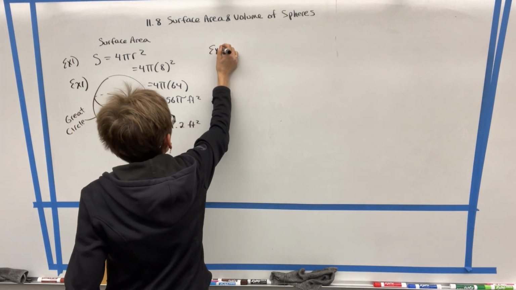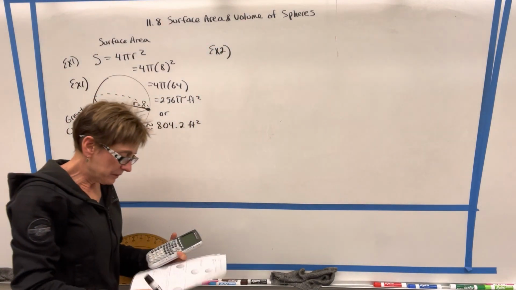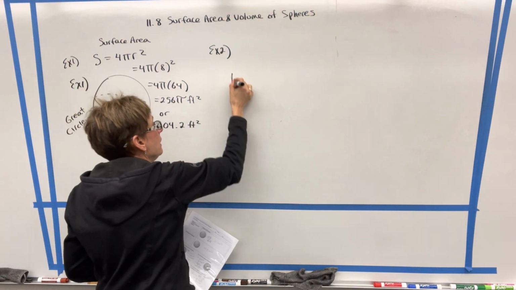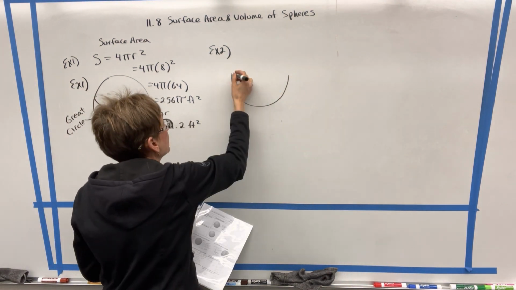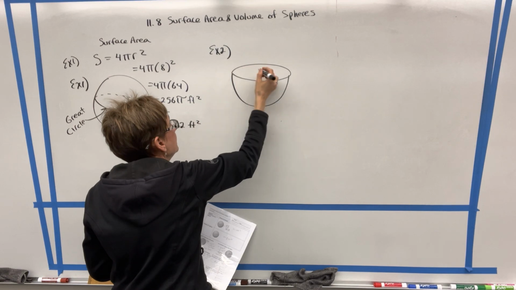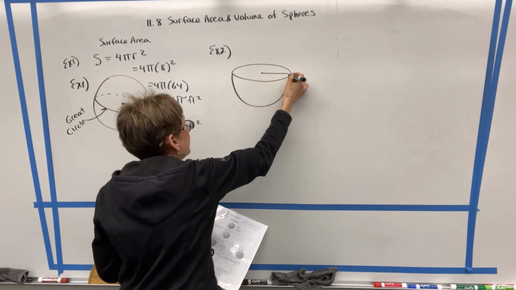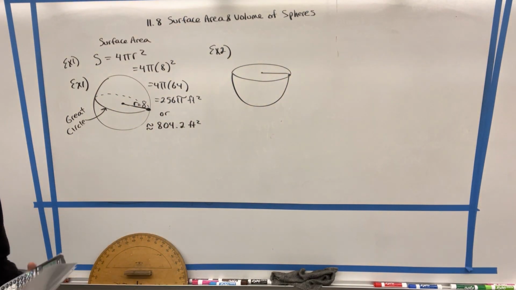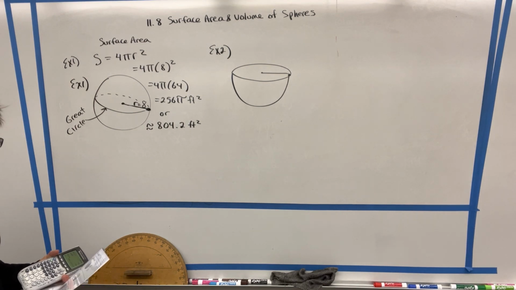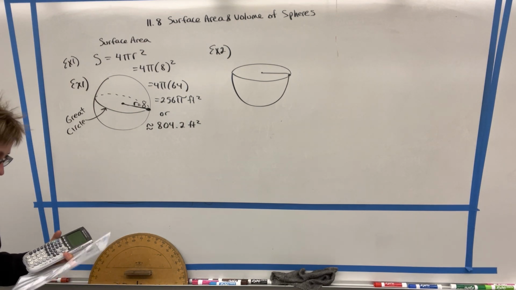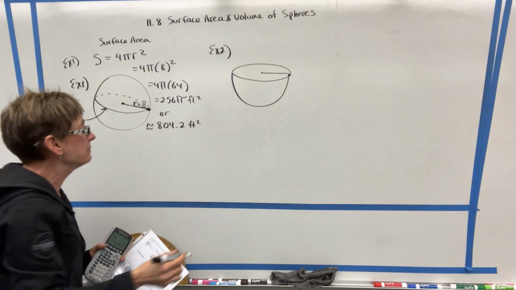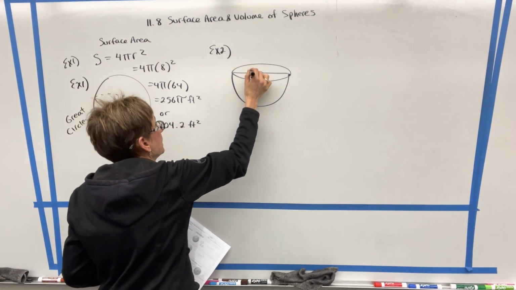Now let's look at example 2, and we have to be a little bit careful about this. In example 2, we're going to try to find the surface area of a hemisphere. Now, a hemisphere means half of a sphere. So let's make this problem even trickier.